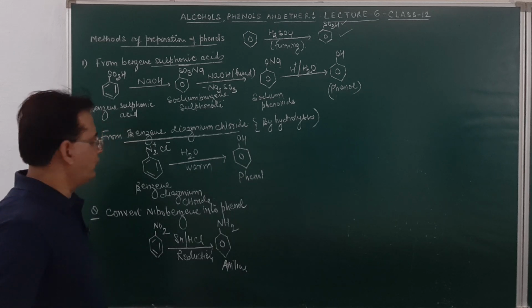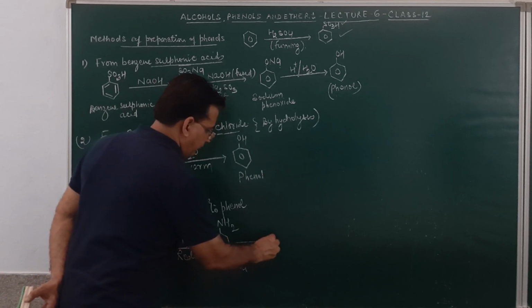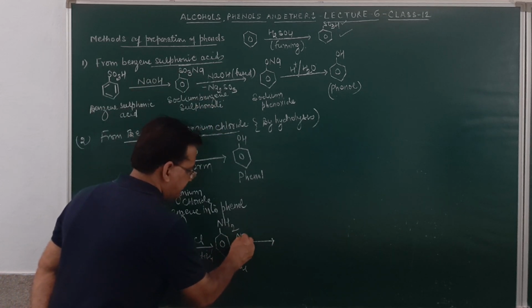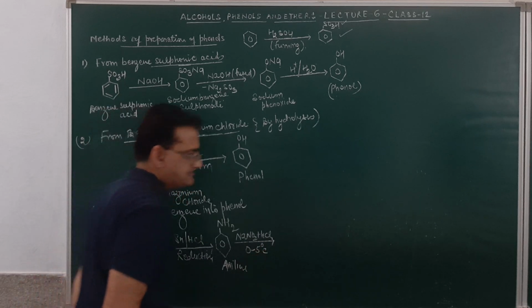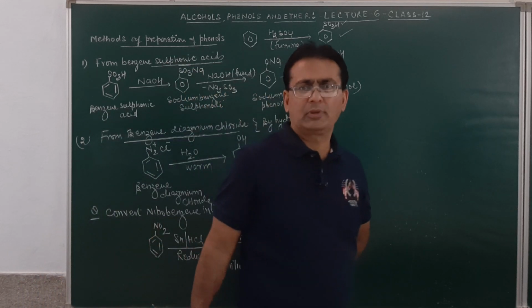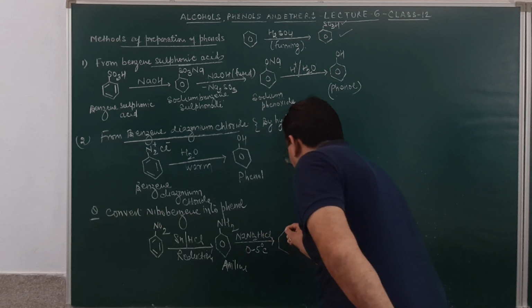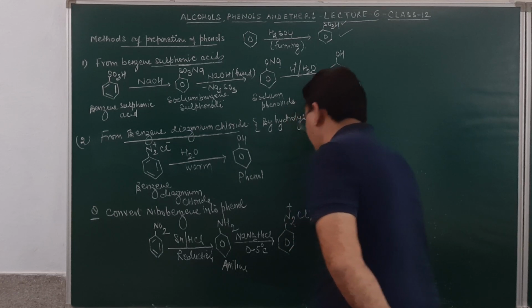This aniline, when made to react with sodium nitrite and HCl at the temperature of 0 to 5 degrees C, will result in the formation of benzene diazonium chloride.